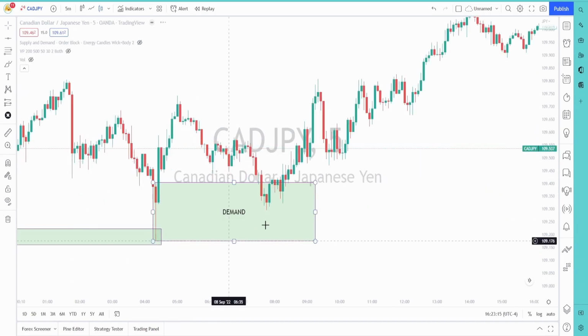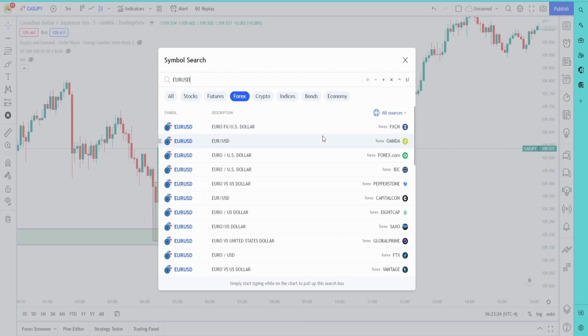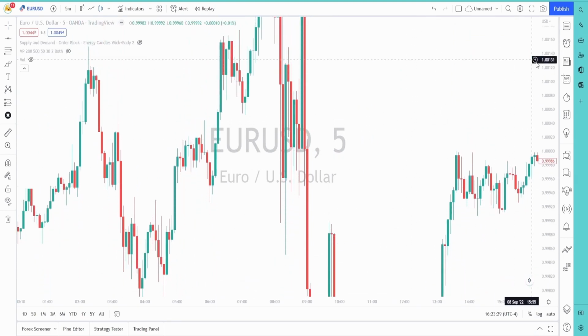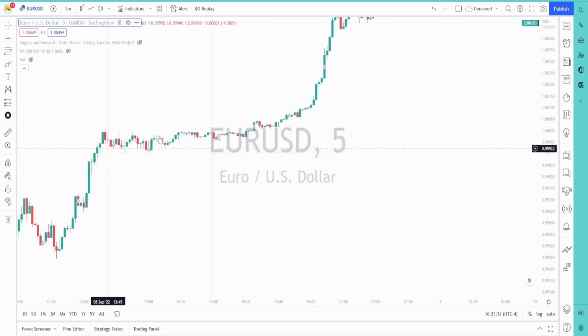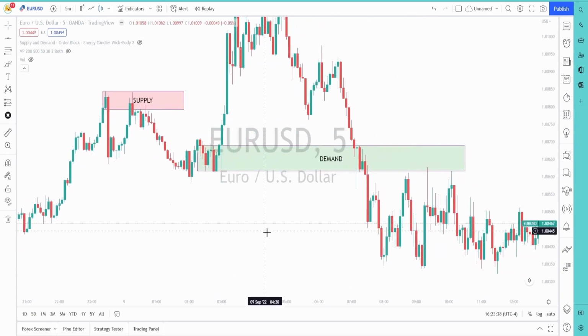Now, if we take a quick look here on Euro USD. You can see here as an example again, where price was going up, higher highs, higher lows, and then price pushed down, broke below previous structure, creating an area of supply.